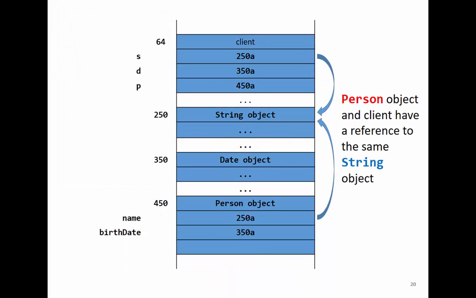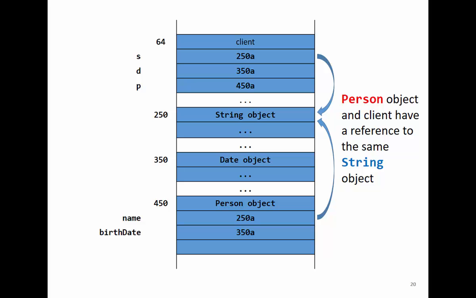To understand this based on the memory hierarchy, let us look at this segment of memory. We say that we have S as a string at address 250. D is a Date object living at address 350. And P is a Person object living at address 450. So look at the name at address 250 and the date at address 350.